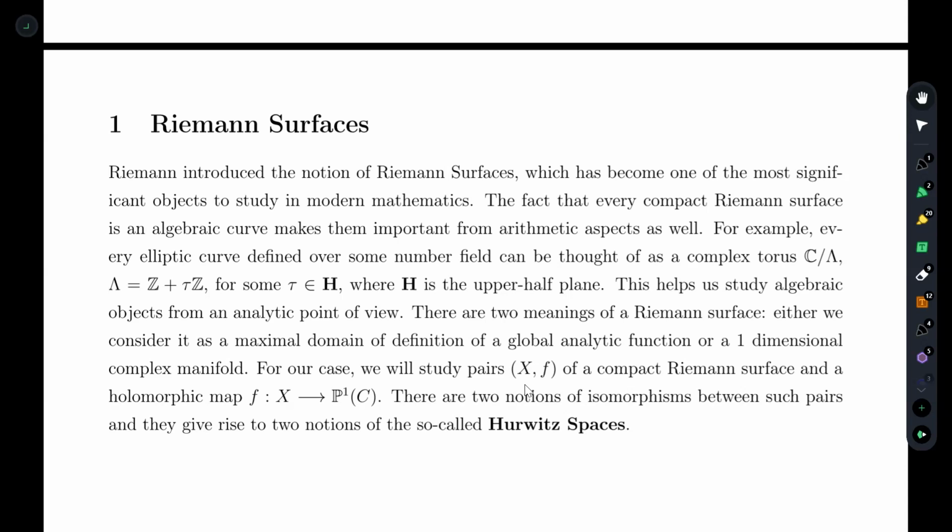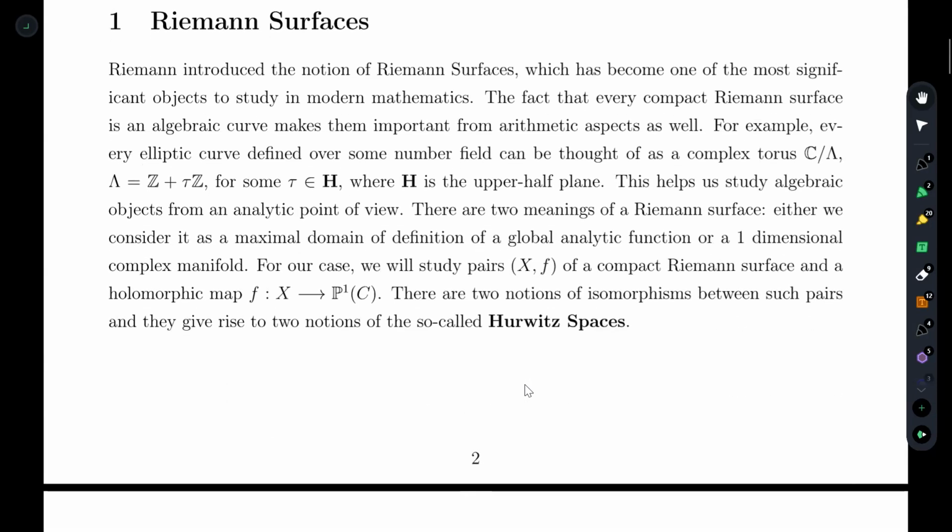And every compact Riemann surface is actually an algebraic curve. So compact Riemann surfaces, being an analytic object, are also important from an arithmetic perspective, because they are nothing but algebraic curves.